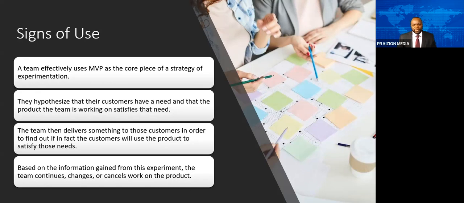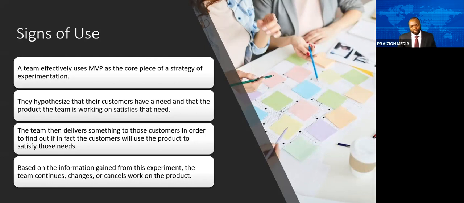So a team effectively uses MVP as a core piece of a strategy of experimentation. They hypothesize that the customers have a need and that the product the team is working on satisfies the need. The team then delivers something to those customers in order to find out if in fact the customers will use the product to satisfy those needs.